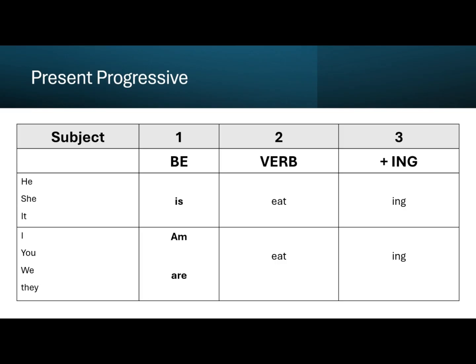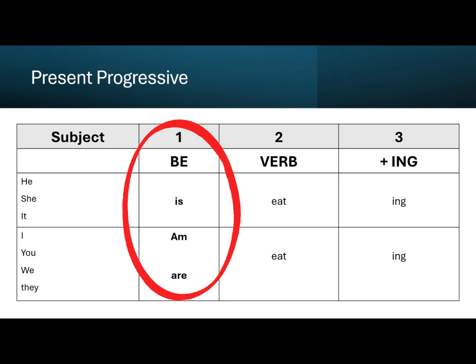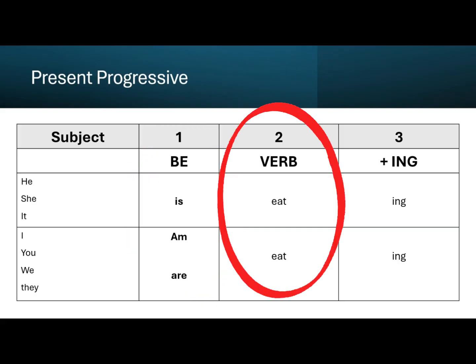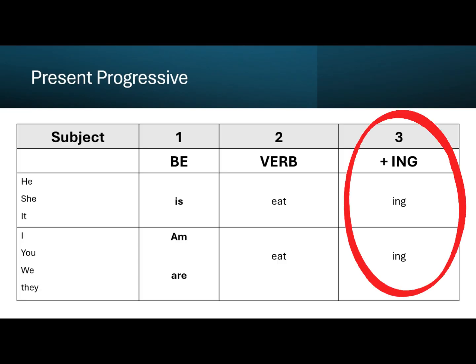To form present progressive verb tense, we need to remember 1, 2, 3. 1 is the verb be. In the sentences, it looks like is, am, or are. Then we have 2, the verb, and 3, ing.